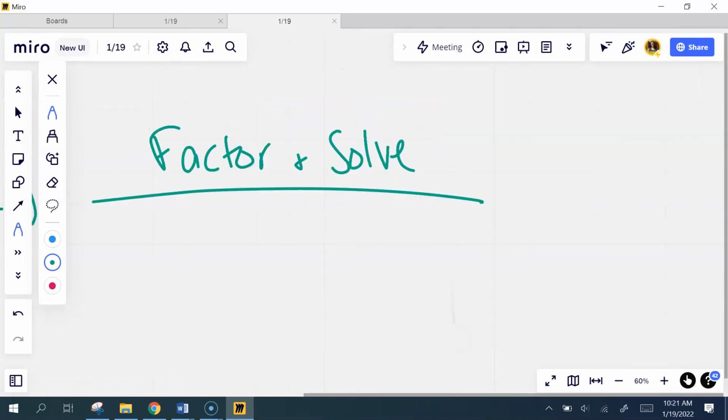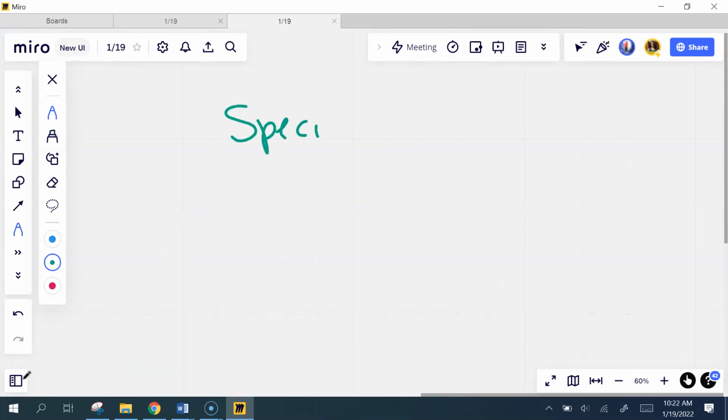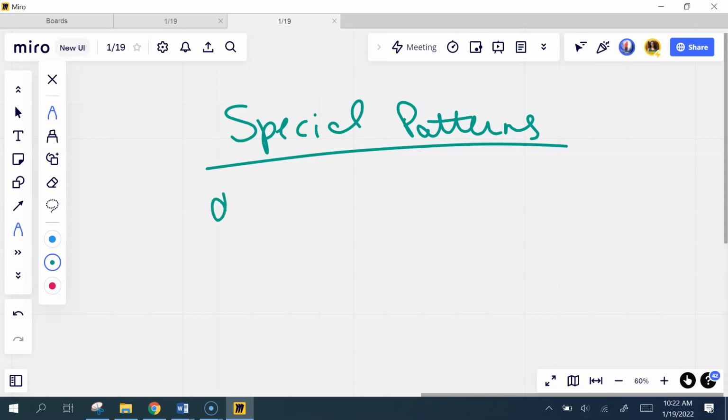Actually, before I show you factor and solve, let me show you one more special pattern. Yesterday, we did the difference of two squares, and we said that's where there's the subtraction sign in the middle.